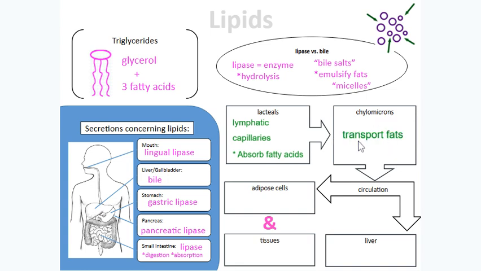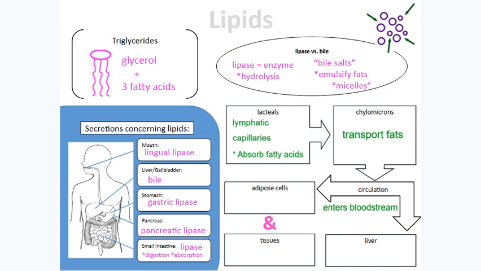Your chylomicrons transport those fats from your diet in the form of triglycerides, and they travel through your lymphatic system, where they get dumped into the circulatory system.